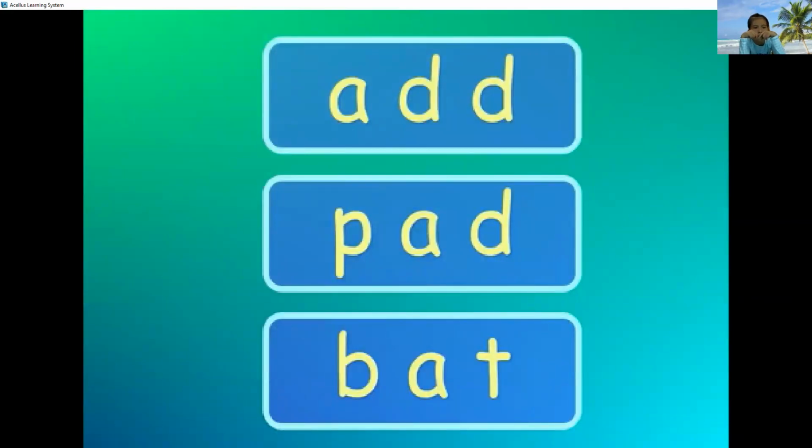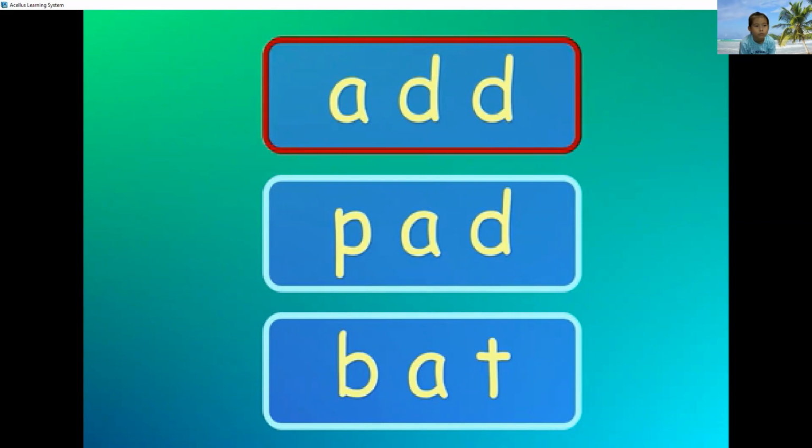Sure, I can. Okay, what's the first word say? I see an A, and a D, and another D. Add. Oh, that's like math. Where you put numbers together, you add. Very good. That's not that. You're right, it's not that.